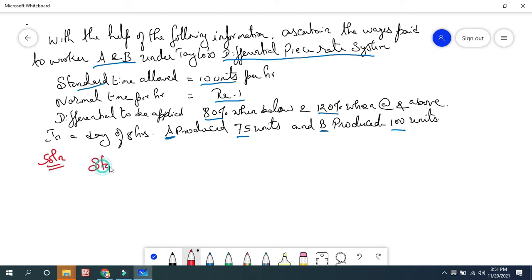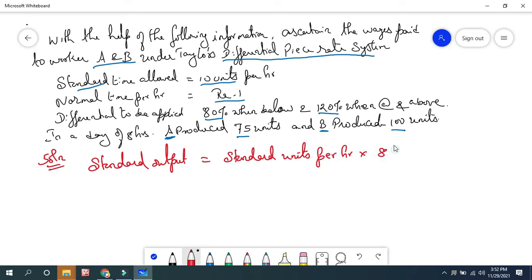Standard output is equal to standard units per hour into, in a day it is 8 hours. They have given it, so we are supposed to use it.